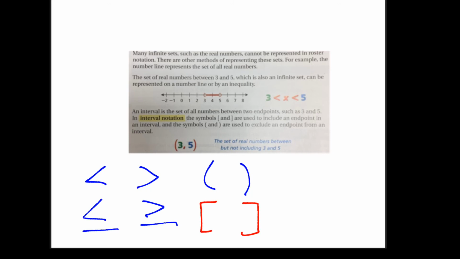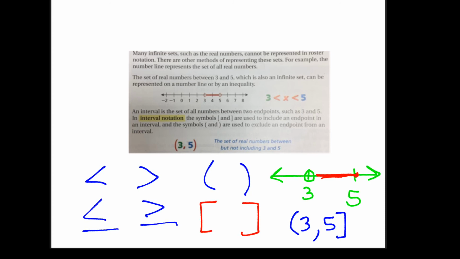Now, here we see 2 parentheses, so 3 and 5 are not included. If I were to make a number line, like we see here, and I had an open circle at 3, a closed circle at 5, and I was going in between them, I would write this in interval notation as open parenthesis 3, comma 5, close bracket, because we can have a mix of them.